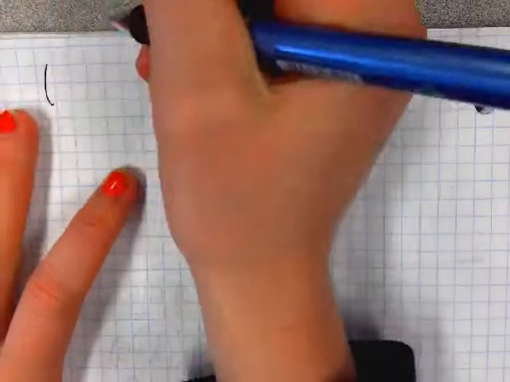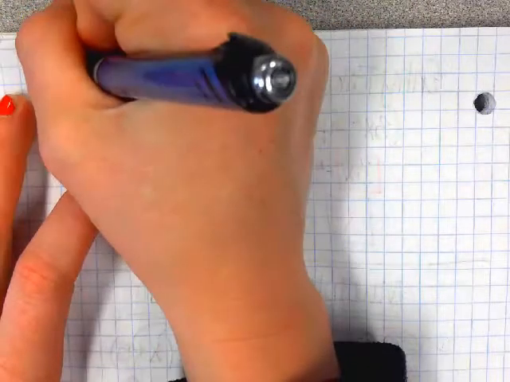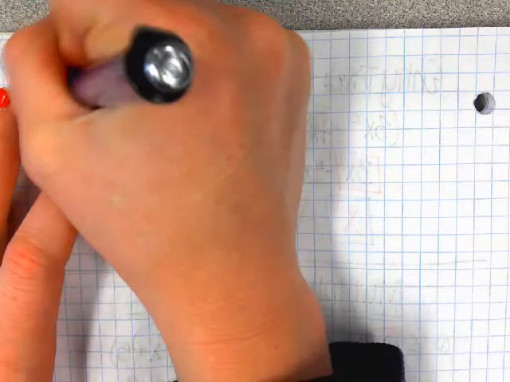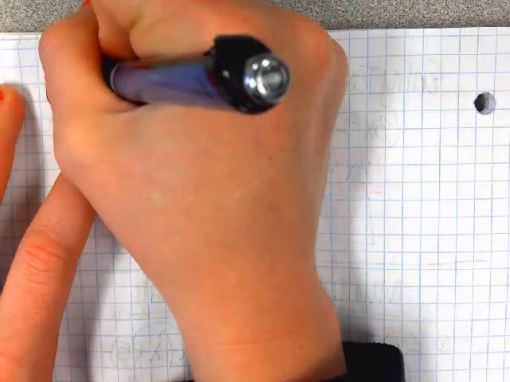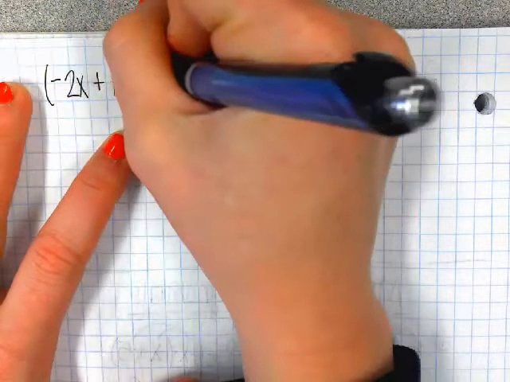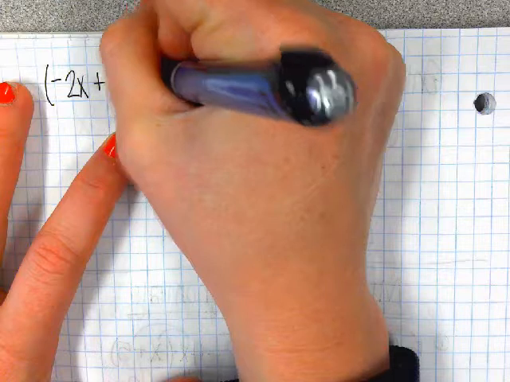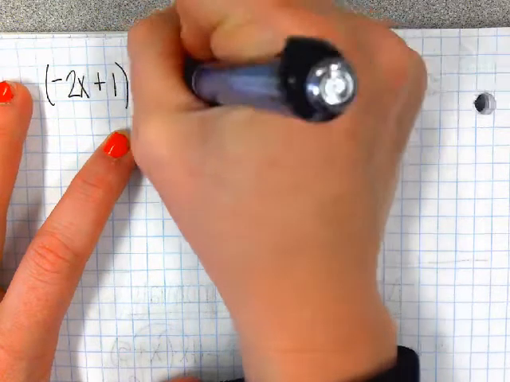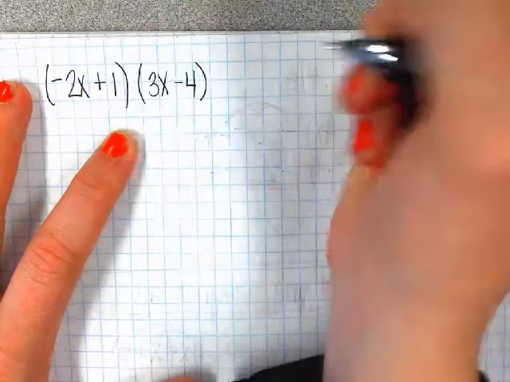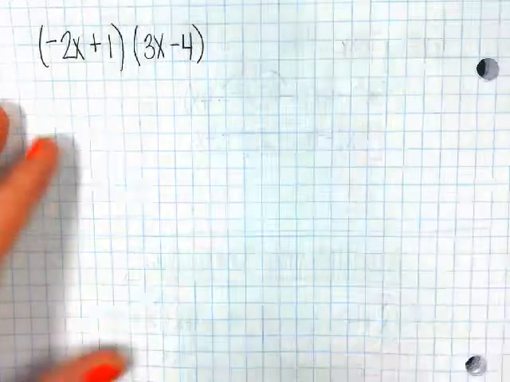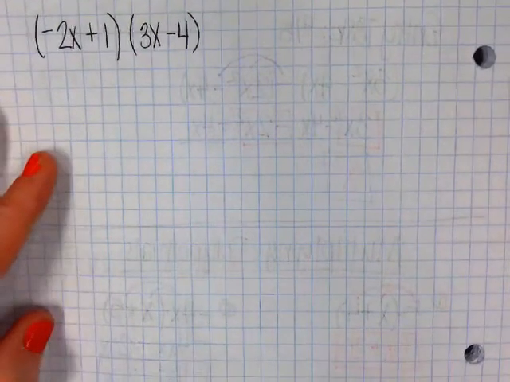Okay, let's do one more example and then you can get to the assignment for today. So if we have negative 2x plus 1 and 3x minus 4.